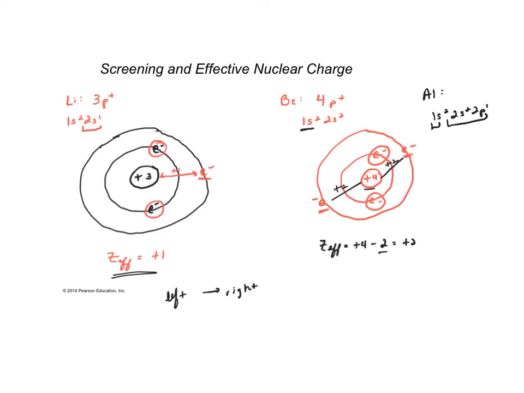Core electrons remain the exact same as we move from left to right. What changes, though, is the number of protons in the nucleus, right? So the nuclear charge increases as we move from left to right, and because of that, we see a larger effective nuclear charge going from left to right across the periodic table. That effective nuclear charge increases, which pulls these outer valence electrons closer to the nucleus, which overall decreases the size of the atom, okay?